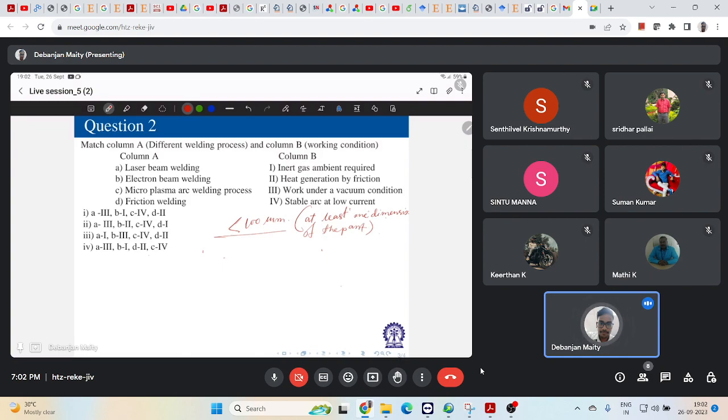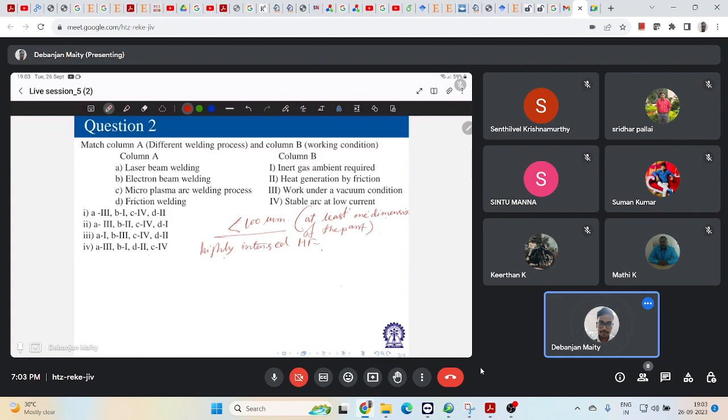And as I was saying, this is a non-contact technique. Basically, you are focusing a high intensity laser to a small diameter, so there is a highly intense heat flux.